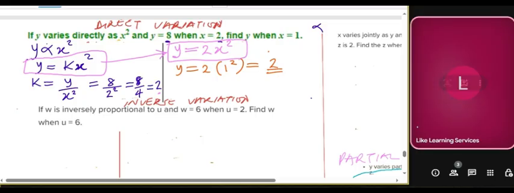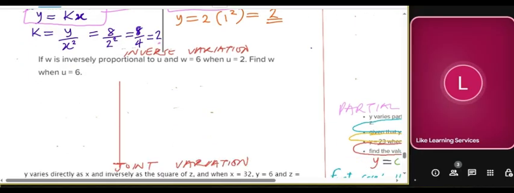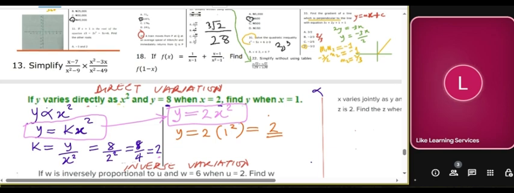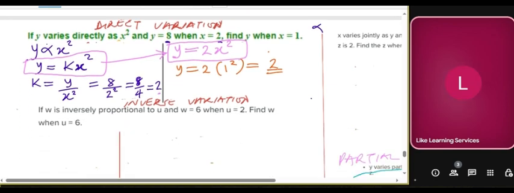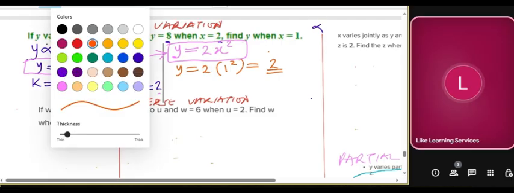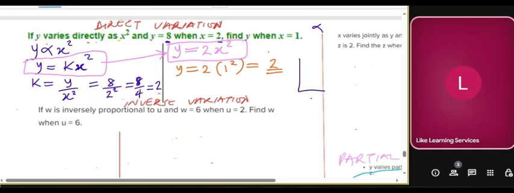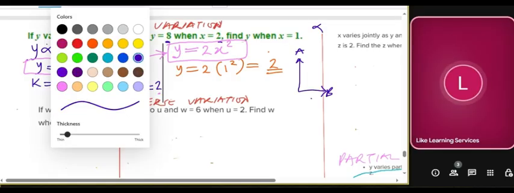Direct variation is when one increases, the other increases at the same rate. You know what I mean? In science, the graph will look like this. If you are plotting a graph of A against B, if A varies directly as B, what kind of graph will it produce?